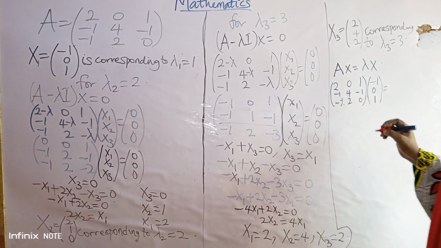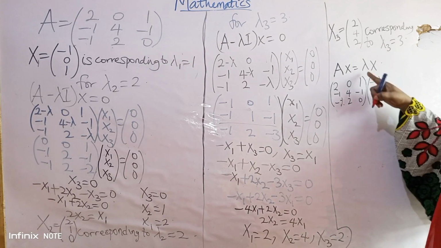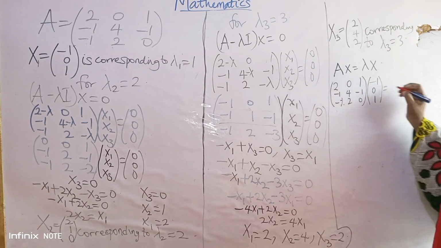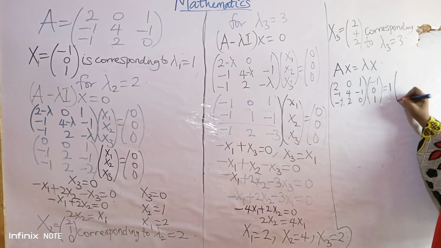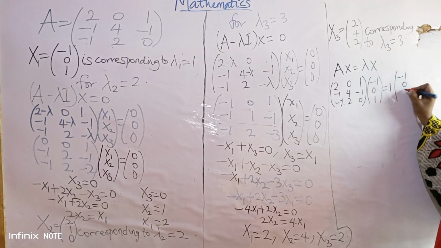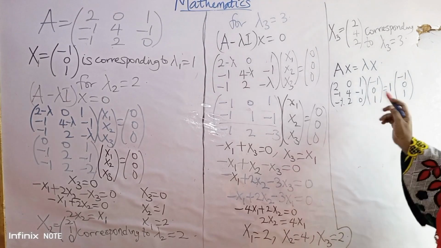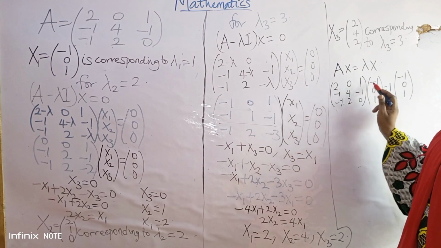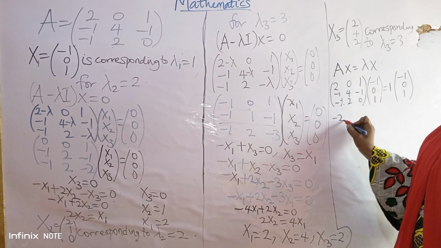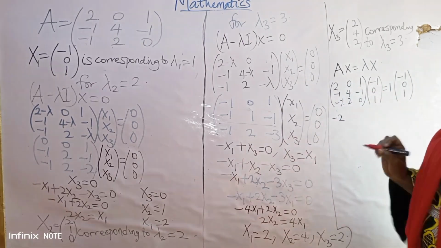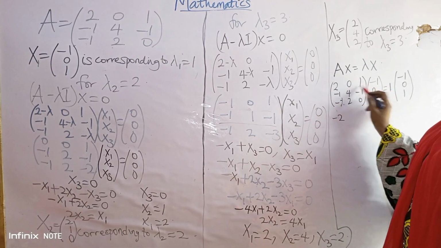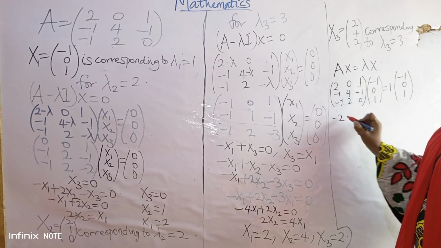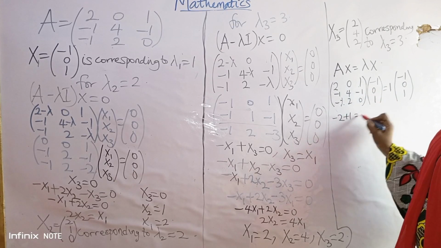So it has to be, our eigenvalue there is 1. So then multiply by minus 1, 0, 1. At the end of the day, if you multiply this one, you have to get this. 2 multiplied by minus 1, that is minus 2. Then 0 multiplied by 0 plus 0. Then plus 1 multiplied by 1, that is plus 1. That is what? Minus 1.